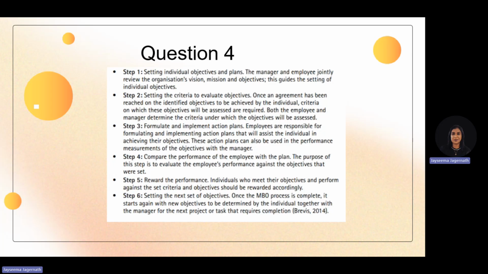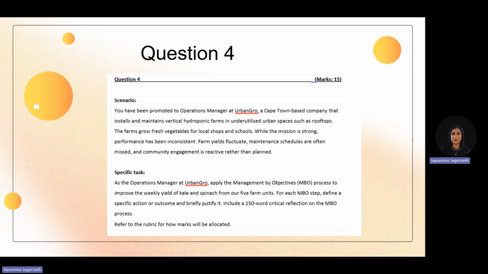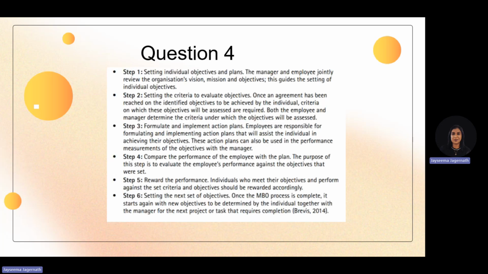This guides the setting of individual objectives. So if this is for farming operation, you as the operation manager needs to improve the weekly yield of kale and spinach from our 5 farm units. How would you then apply that to step 1?